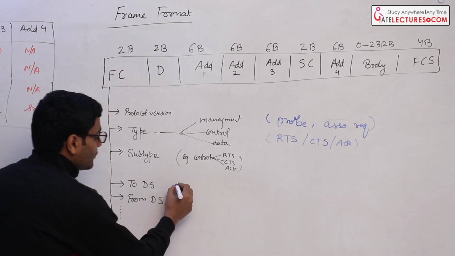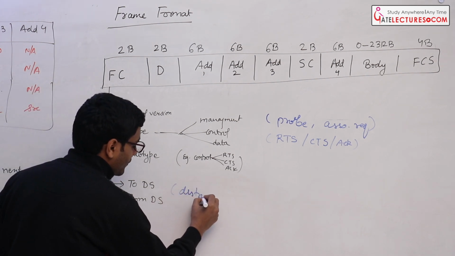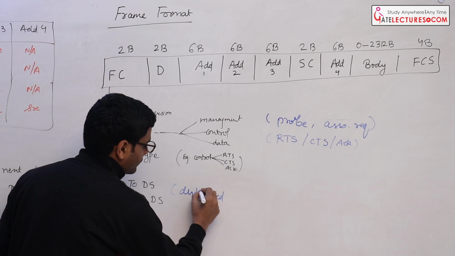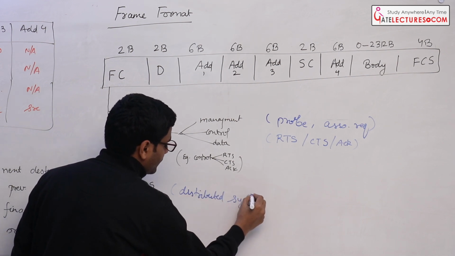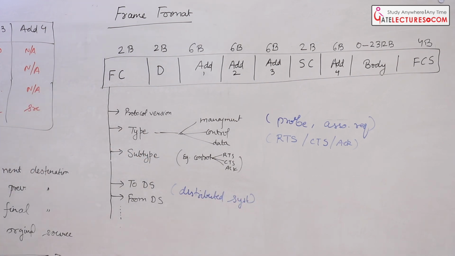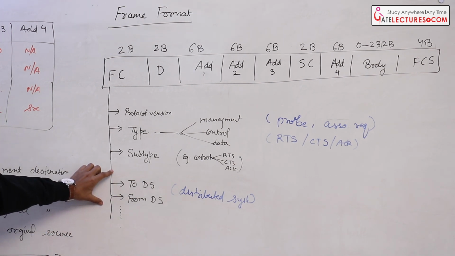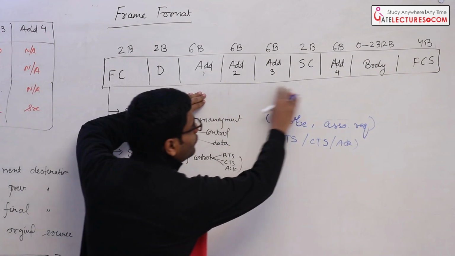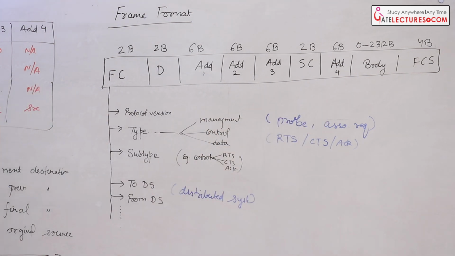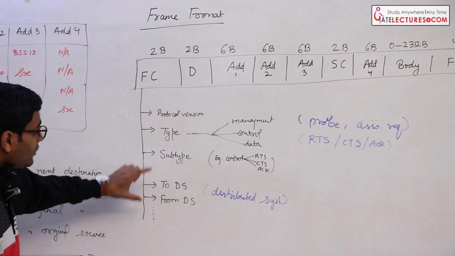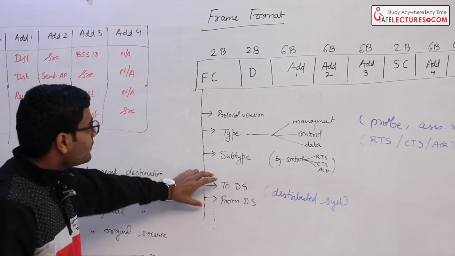DS means distributed system, which is nothing but the wired LAN we have in our ESS. These two bits decide what these four addresses are going to be in the body of this frame. Fine. Okay, I will define them later.